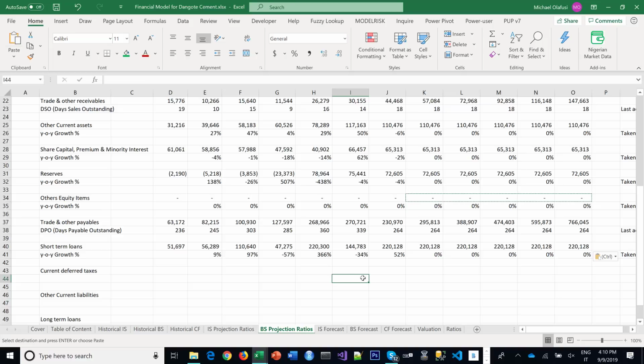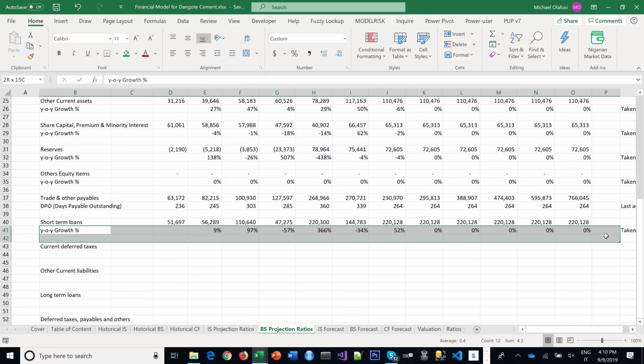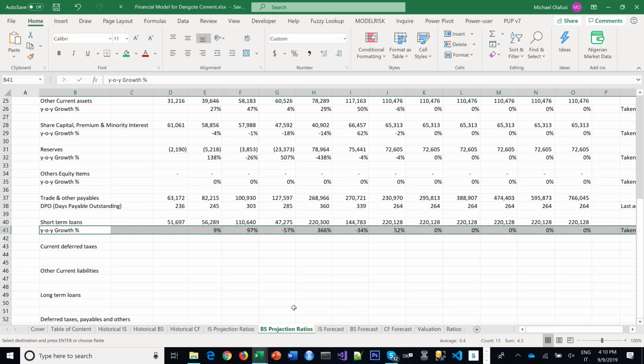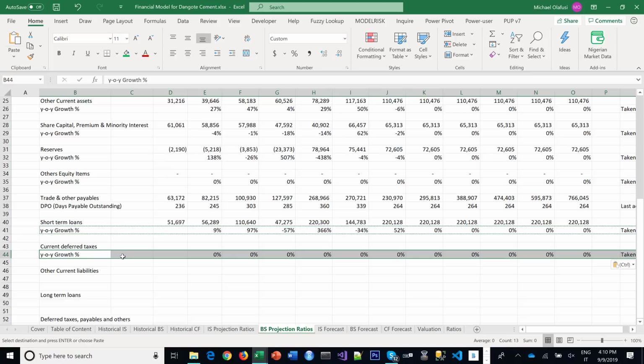Okay. Then the current deferred tax is 2. If I do not have information regarding the timing difference and all those things to use to estimate what the deferred tax will be, then I can safely just project the last actual forward.